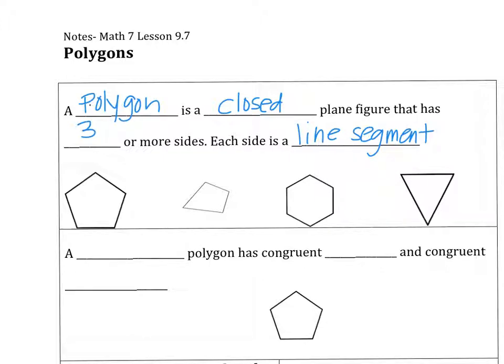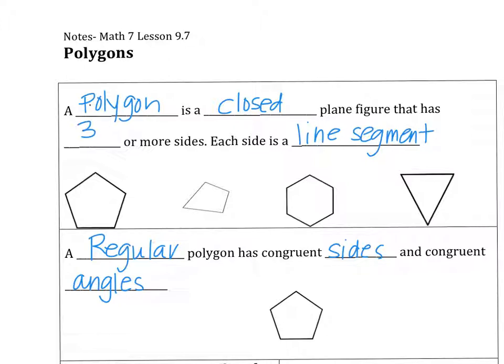A regular polygon has congruent sides, that means they're exactly the same, and congruent angles. So the word regular in math means that all of the sides and all the angles are equal to each other.